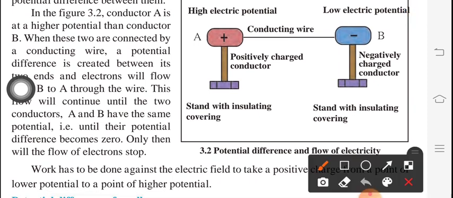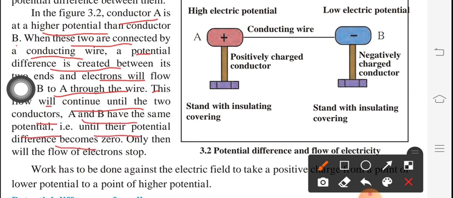In the figure, conductor A is at a higher potential than conductor B. When these two are connected by a conducting wire, a potential difference is created between its two ends and electrons will flow from point B to A through the wire. This flow will continue until the two conductors A and B have the same potential, that is, until their potential difference becomes 0.